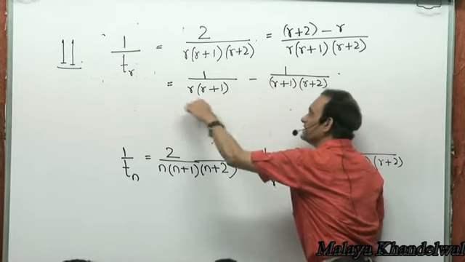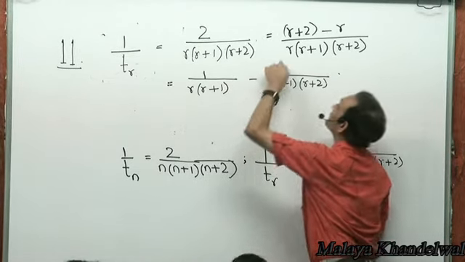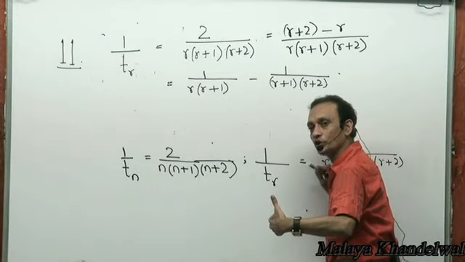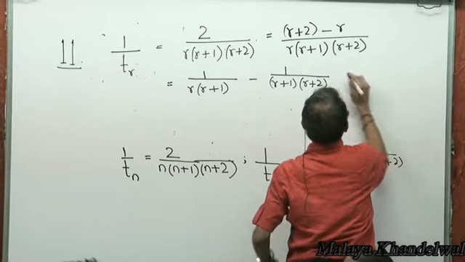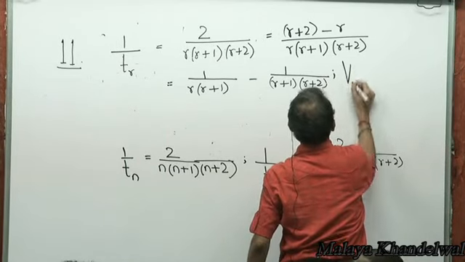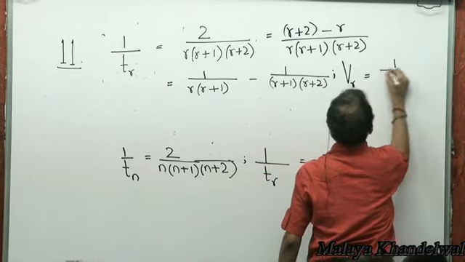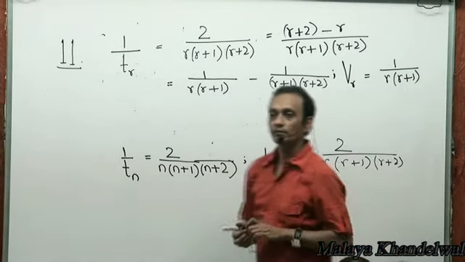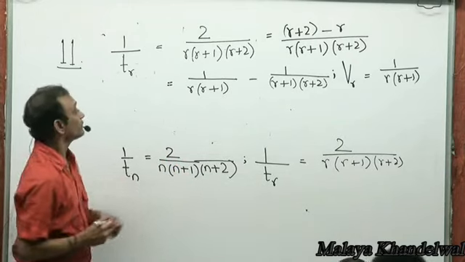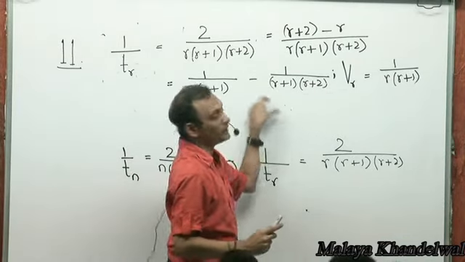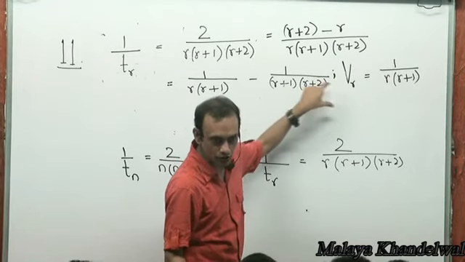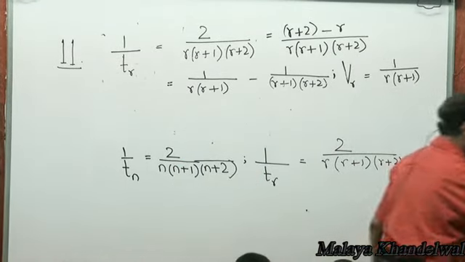So if 1 by this is chosen as Vr, then 1 by this would be looked upon as Vr plus 1. Yes or no? Right? So if Vr is 1 by r into r plus 1, then Vr plus 1 would be 1 by r plus 1 into r plus 2. Right?